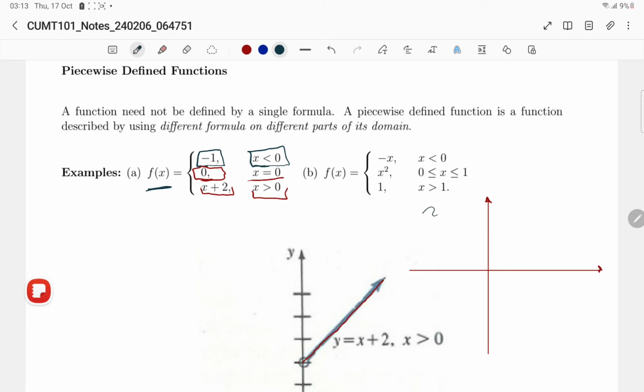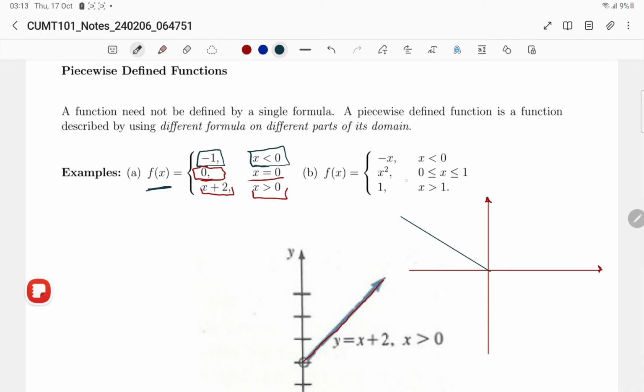So for minus x it is like this. So we have y is equal to minus x. Okay, that's for minus x, right? Then that is for x less than 0.